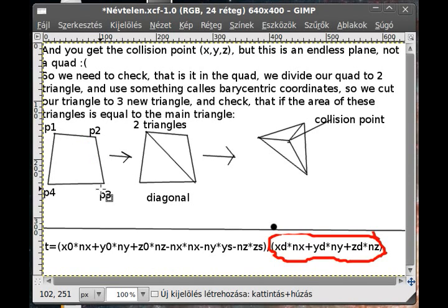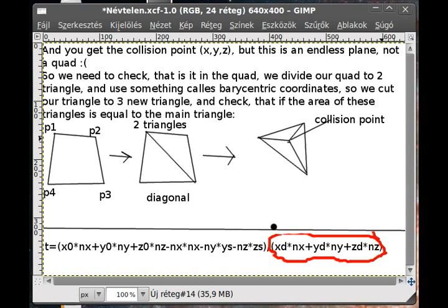Now I divide this quad into two triangles by drawing the diagonal in here. As you can see, it is 2 triangles. Any quad can be separated into 2 triangles. Why do I use triangles? Because it's simpler. Okay, so I have a collision point right here.